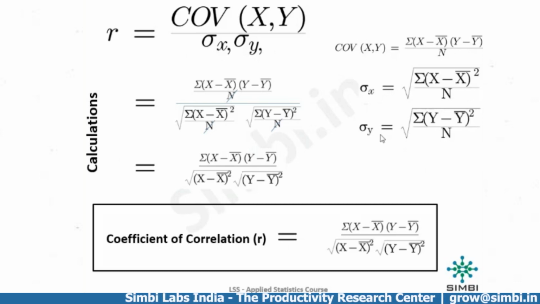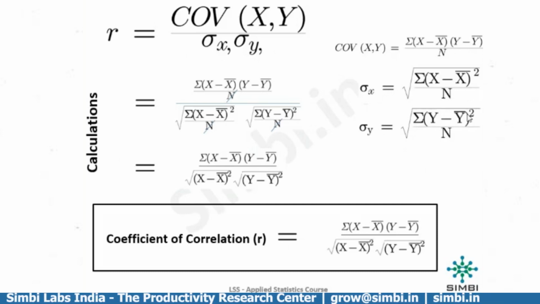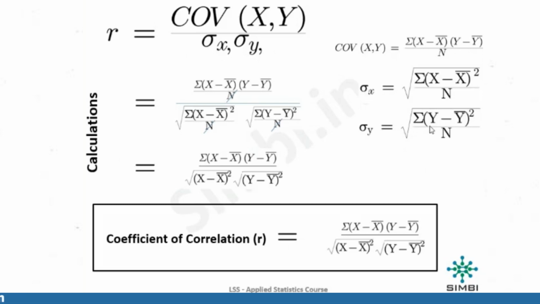And sigma y equals the square root of the summation of (y minus y bar) whole squared by n. So this is the standard deviation. We need to find the standard deviation of the x values and of the y values, put all those values in the formula, and we can get the coefficient of correlation. So this is the recap of the correlation coefficient we discussed. Like this we can find the correlation coefficient value of the two variables.